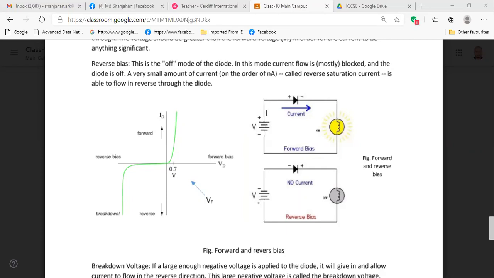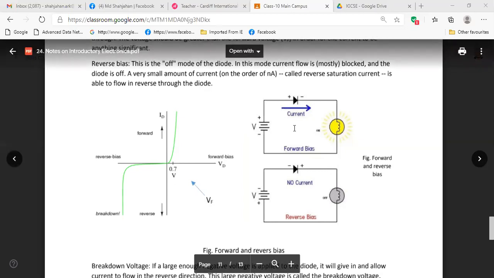That's why it's attracting these electrons towards it, and this negative side is attracting the holes from this side, so the current can flow. The flow of electrons is possible. That's why it is called forward bias.